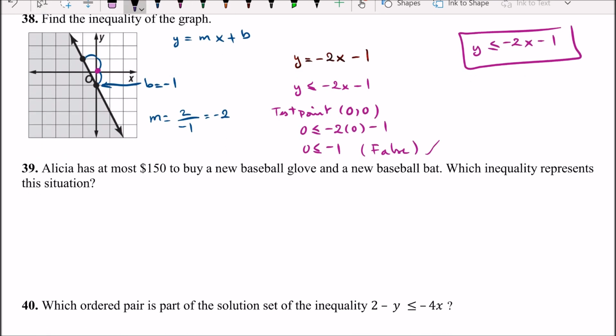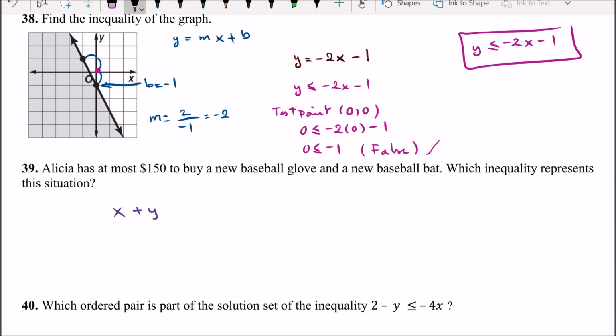Alicia has at most $150 to buy a new baseball glove and a new baseball bat. Which inequality represents the situation? Let's say x is the cost of the baseball glove, and y is the cost of the baseball bat.